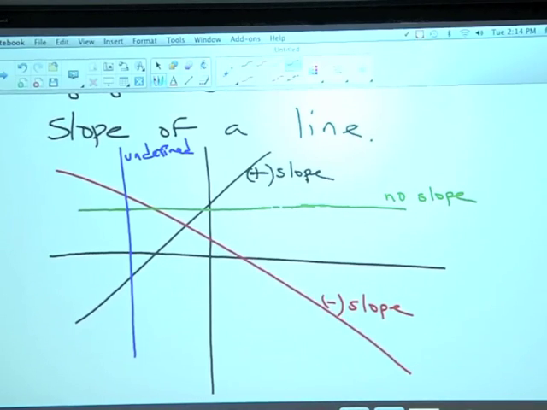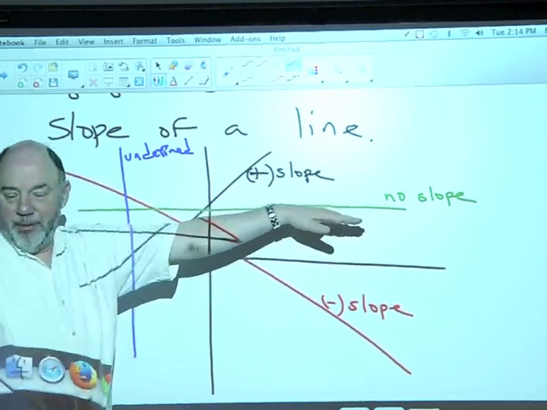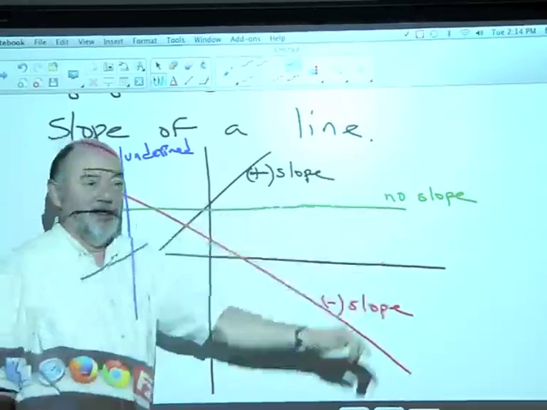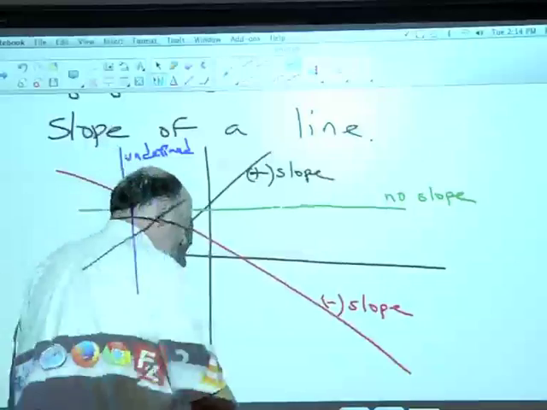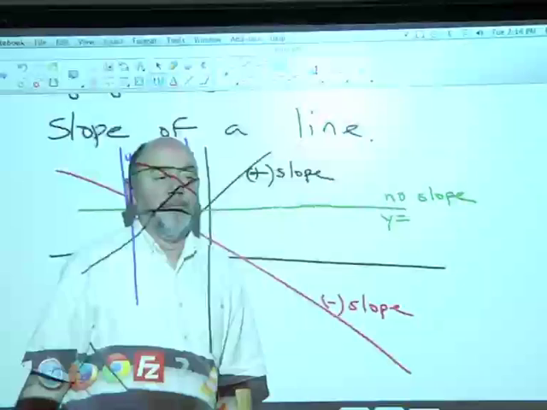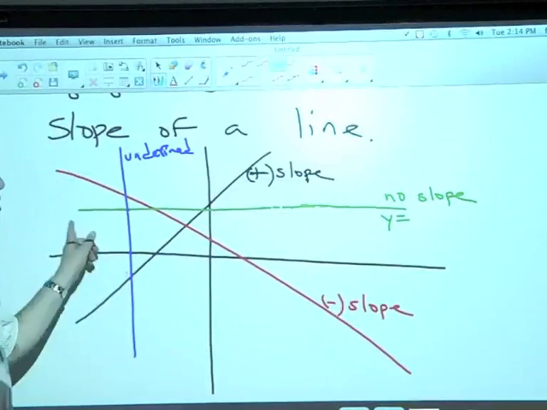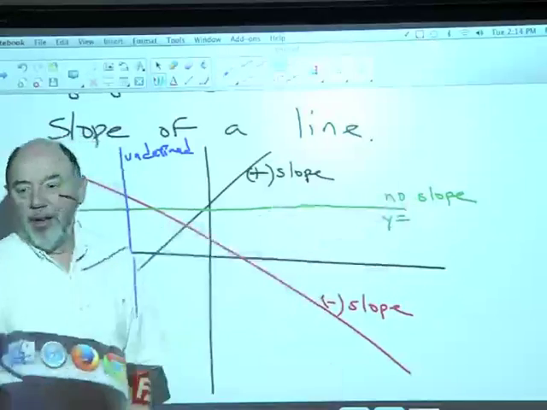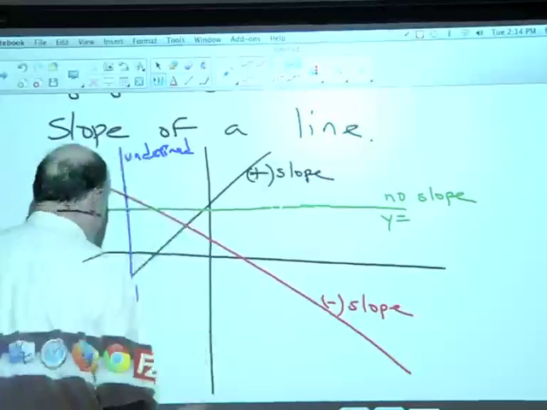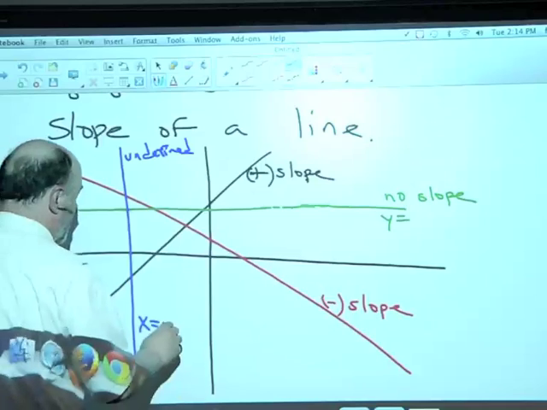Okay. So in terms of this type, okay, if it is something like this, my equation is only going to be in the form of y equals something. Okay? Y equals 5. Okay? If it's in this form, it'll be in the form of x equals some number, whatever that may be.